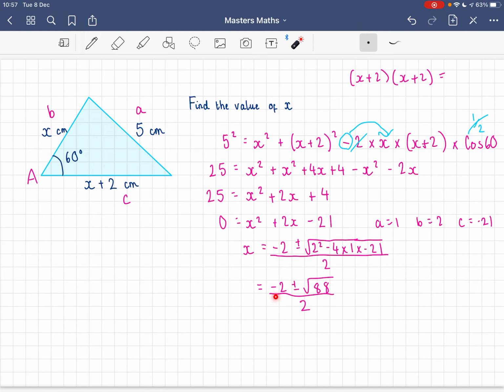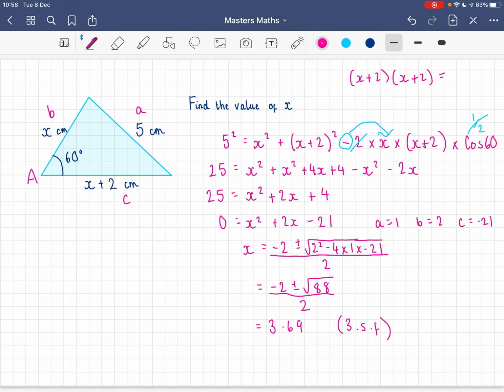My answer is going to be negative. So I need to do negative 2 plus root 88 to get my value of x. So negative 2 plus root 88 divided by 2 is 3.69, 3 significant figures. So that is my value of x.